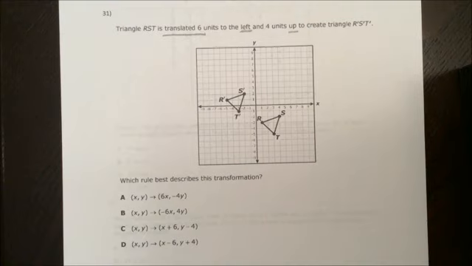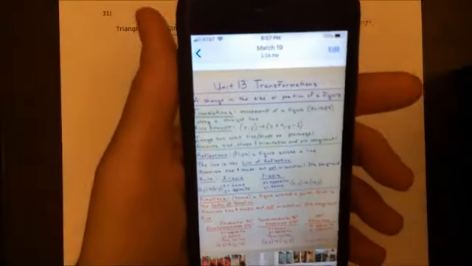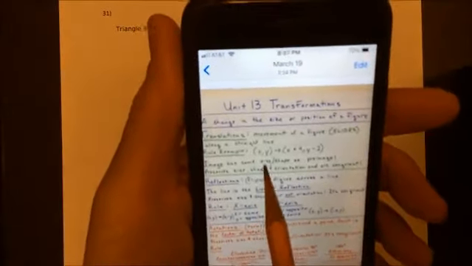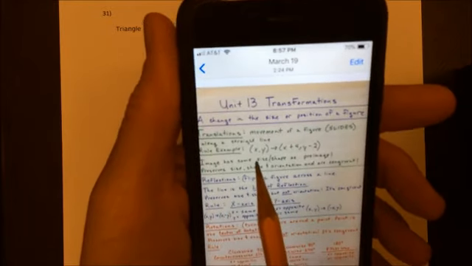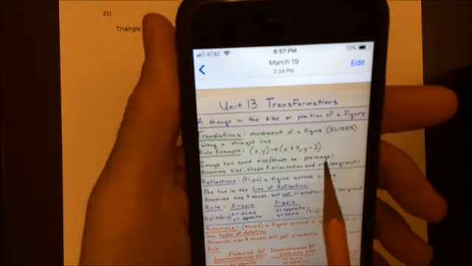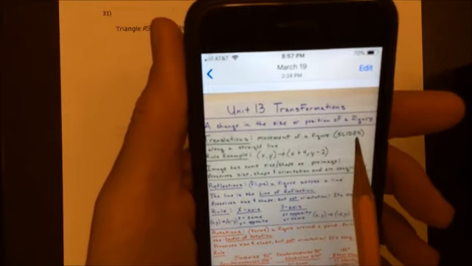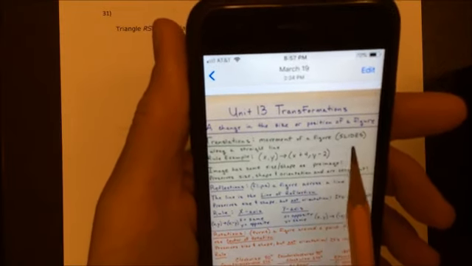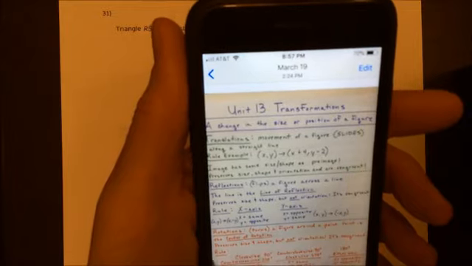On our little cheat sheet that you'll need to memorize, transformations. Here's a rule example. They are added, you add them or you subtract them. It slides. Slides left or right, up or down.